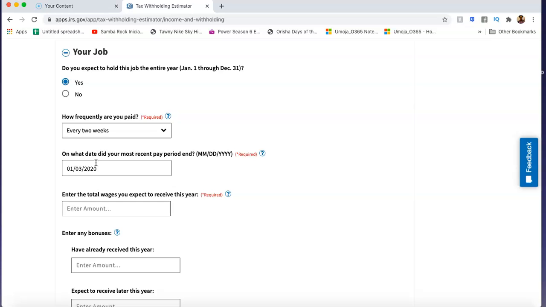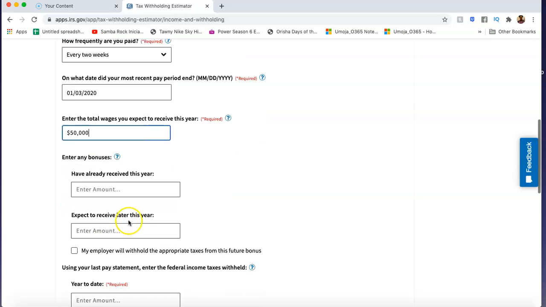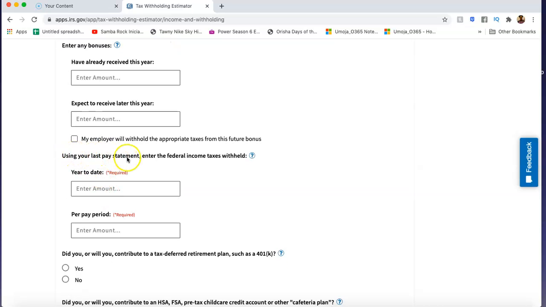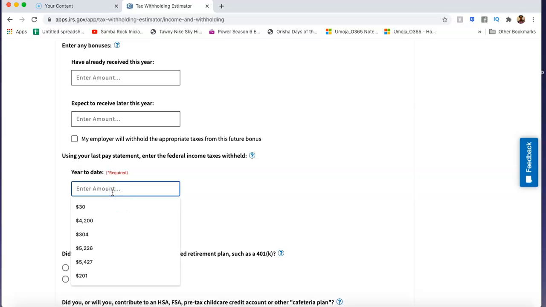Enter your total wages you expect to receive this year. We said $50,000, no bonuses. Now, using your last pay statement, the federal income taxes withheld. If she made $50,000, then by rule of thumb she would have paid roughly about $403 in taxes, because the federal income tax gets taxed about 21%.